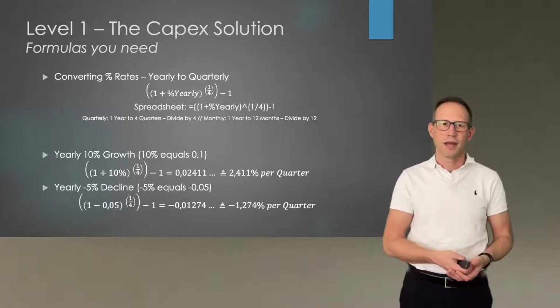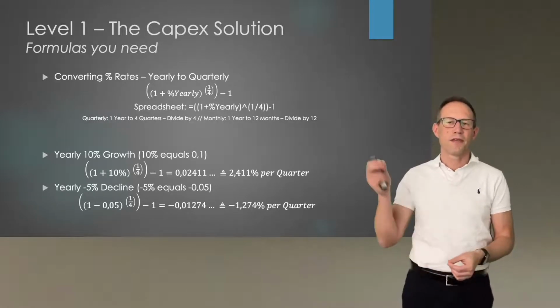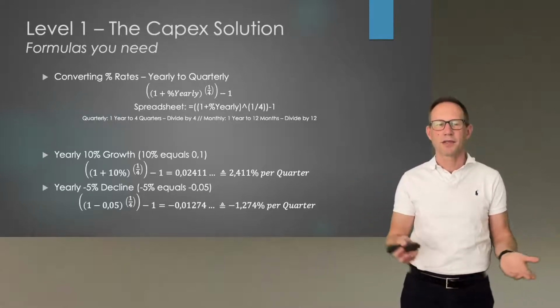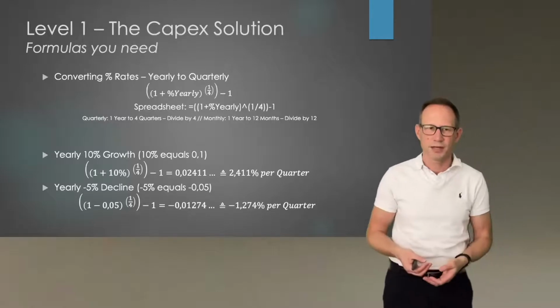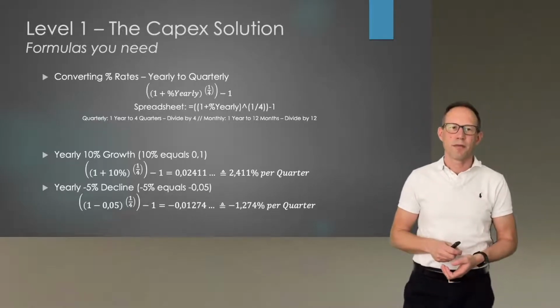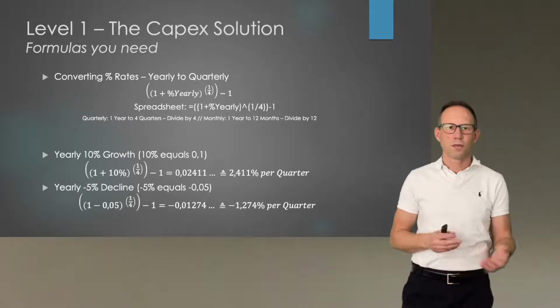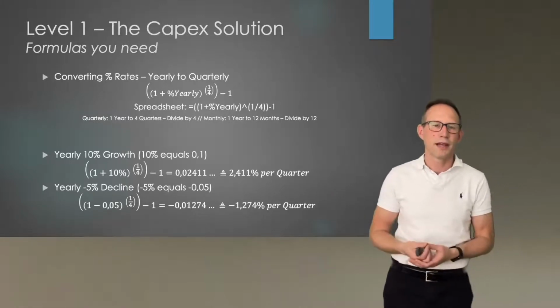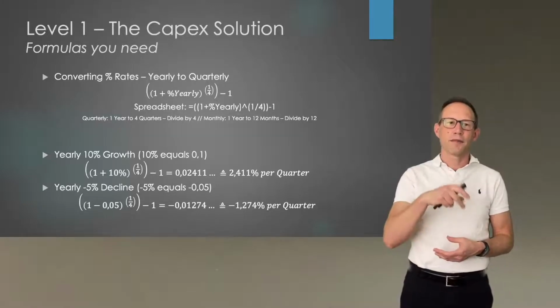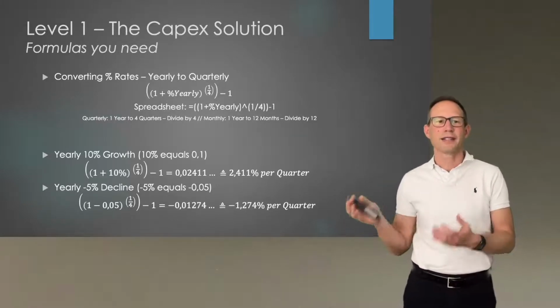So we need to convert the yearly percentage into a quarterly percentage, or sometimes a monthly one. You see here exactly the formula that we use for it. To put it onto a quarterly basis, we take the fourth root of 1 plus the yearly growth and subtract 1 from it.